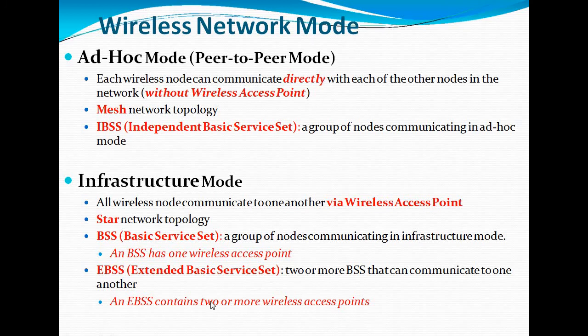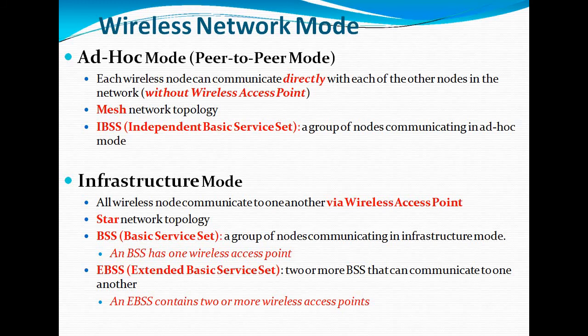In infrastructure mode, all wireless nodes communicate with one another via a wireless access point. Here a star network topology is used. It is based on the BSS, that is basic service set, which is the group of nodes that communicate in infrastructure mode.